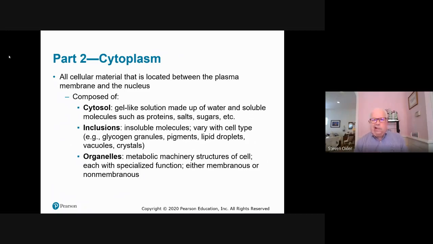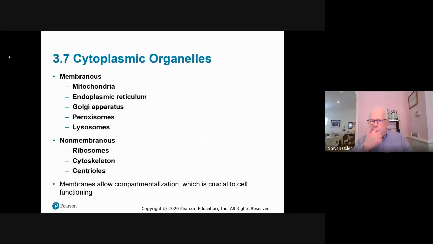And also inside the cytoplasm are organelles, small organs that are the metabolic machinery of the cell. There can be membranous organelles or non-membranous organelles, and we'll talk about each one of them, okay?